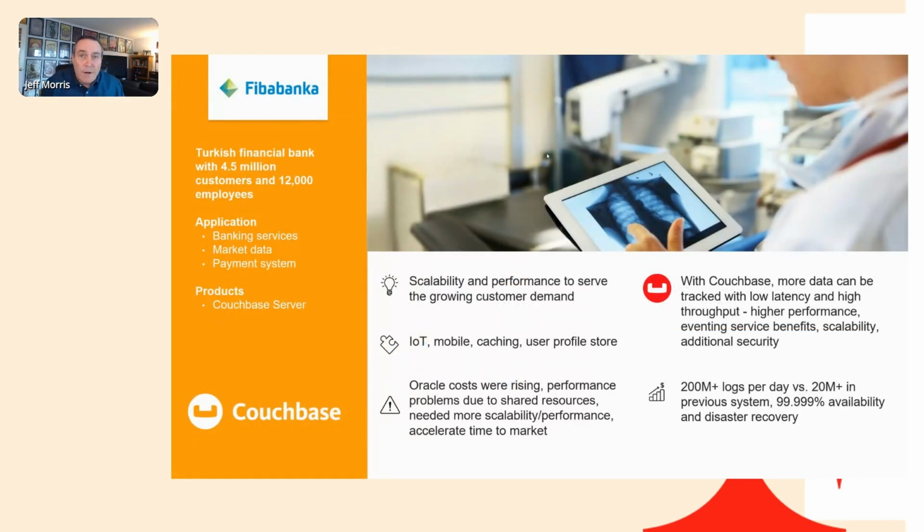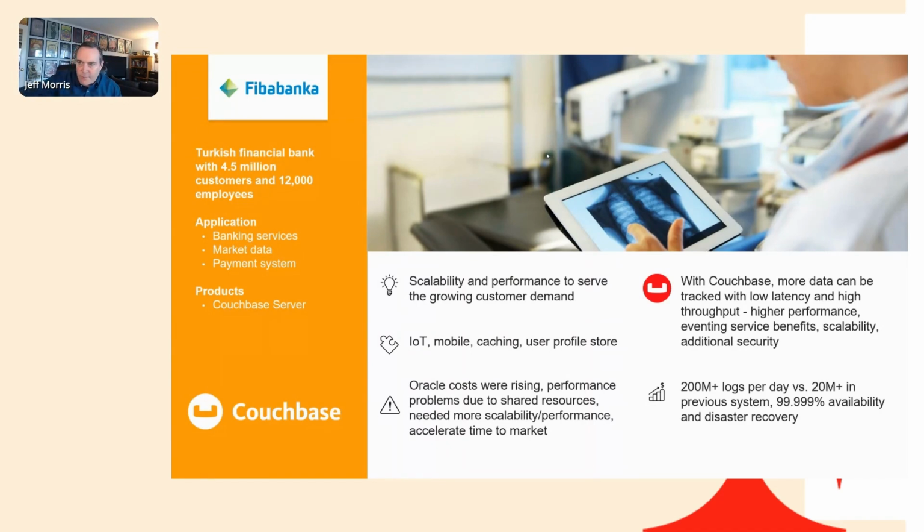So last customer I want to talk about is FIBA Bank. Again, another one of these online, very, very rapidly growing banking services. They want to be a cloud bank. As I said, SoFi-like cloud bank. They're just operating in the EMEA market and they're using Couchbase for all of those low latency, high throughput kinds of requirements, the eventing service, for example, to stream information in and out.